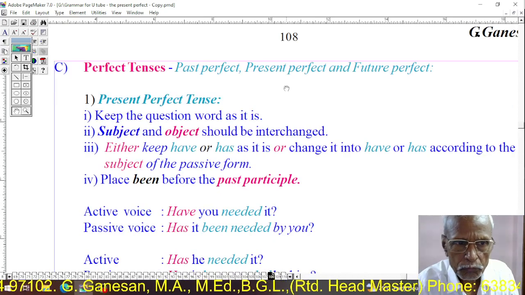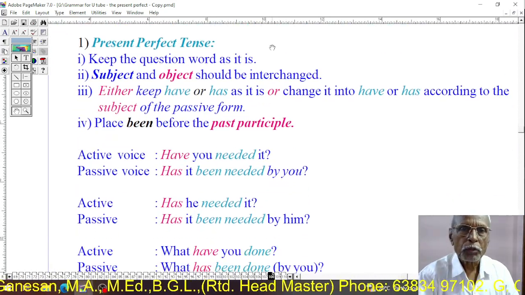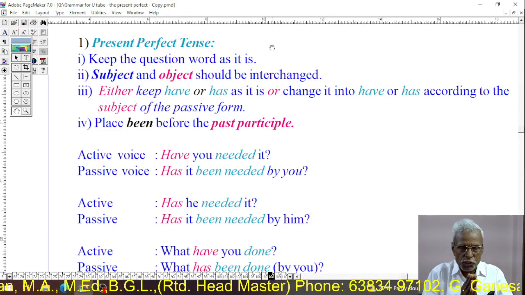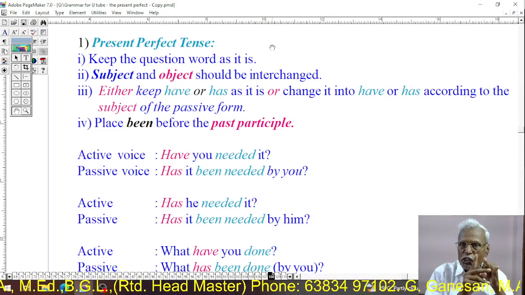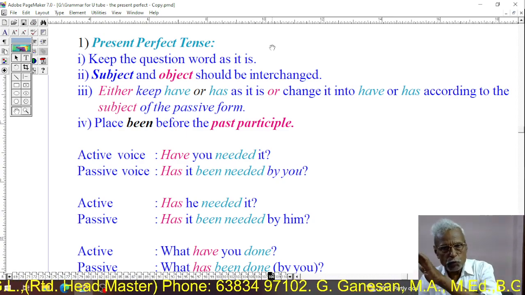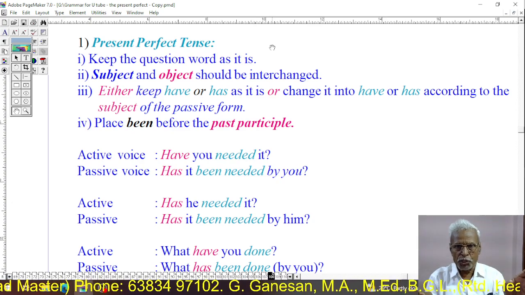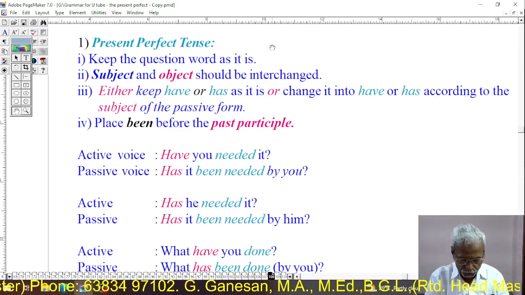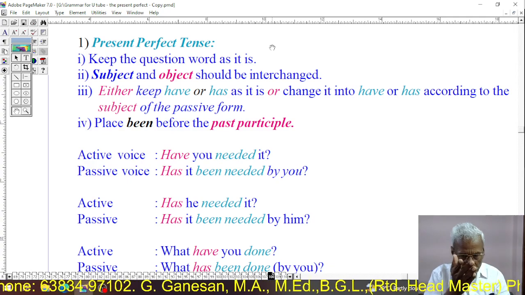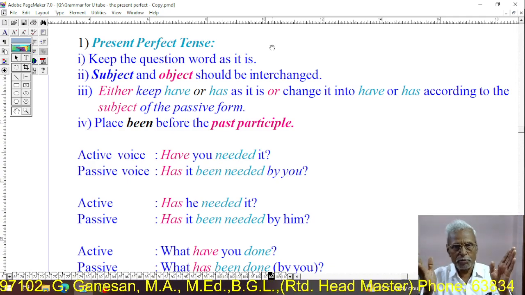Then perfect tenses. First, present perfect. In present perfect tense there will be two verbs. The first verb will be have or has, and the second verb will be the past participle. When we change it, subject and object interchange, and then using have or has depends upon the subject of the passive form.